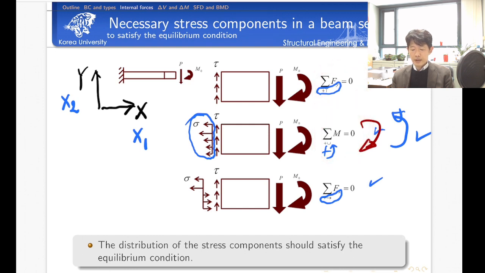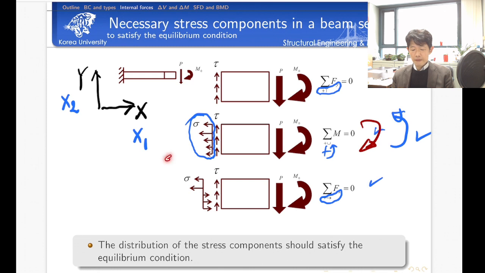Okay, so next step, let's check force equilibrium in the horizontal direction. So make sure that there is no force component in the horizontal direction. If you look at these external forces, there is no external force in the horizontal direction, which means for this free body diagram, if you check the sum of all the forces in the horizontal direction, its net sum should be equal to 0.